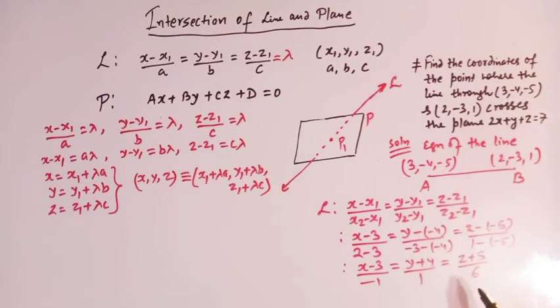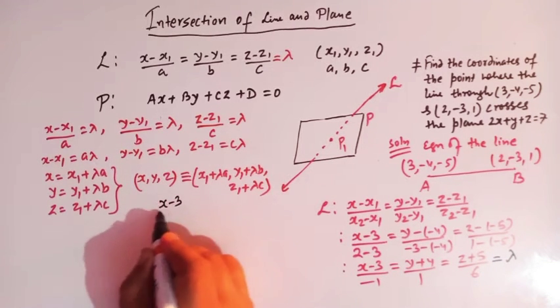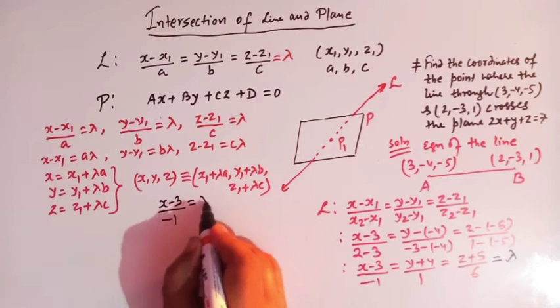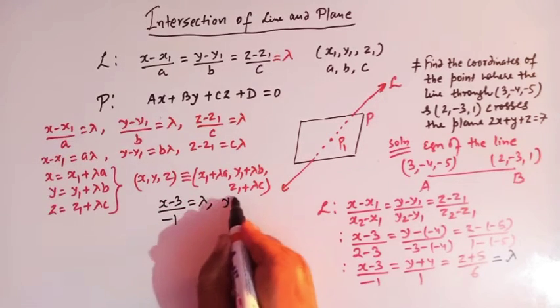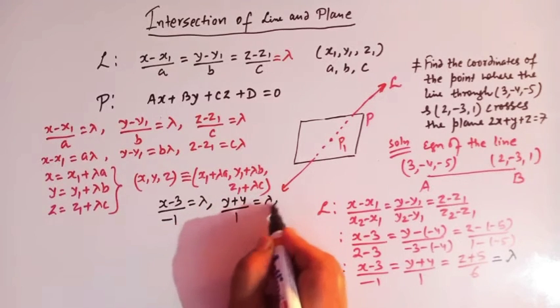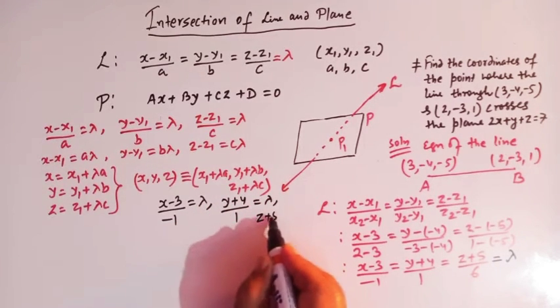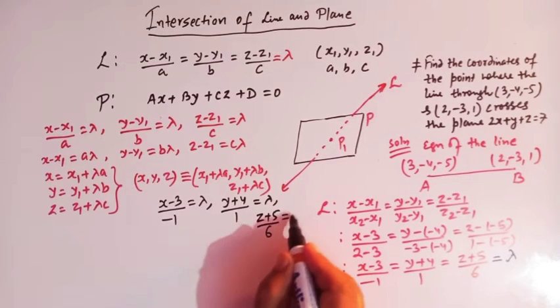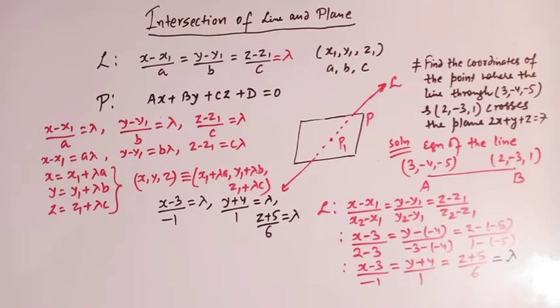Now this is the equation of this line AB, and we have to find the coordinates of the point where this line intersects this plane. So let us take the scalar lambda, which is used to calculate the coordinates of the general point on the line. So we have (x minus 3) by minus 1 is equal to lambda, then (y plus 4) divided by 1 is equal to lambda, then (z plus 5) divided by 6 is equal to lambda.